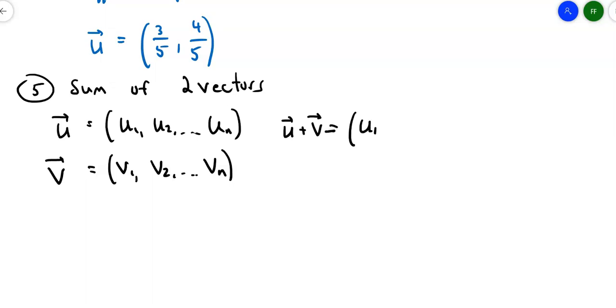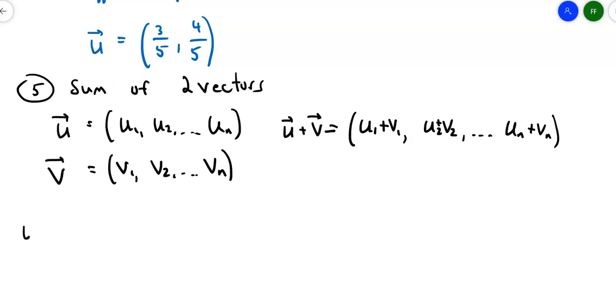So the first component is u1 plus v1, the second component is u2 plus v2, and then all the way till I get to the last one. Which means that I can only add two vectors that have the same number of components, right? It wouldn't make sense to add two vectors that are in different dimensions because you'll run out of components.